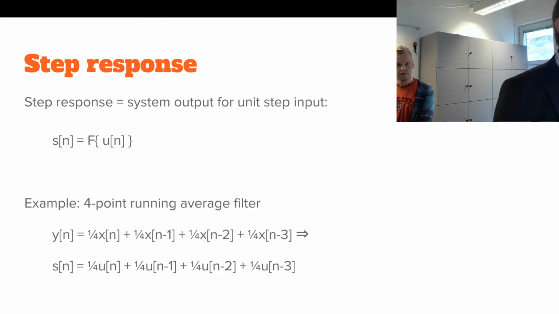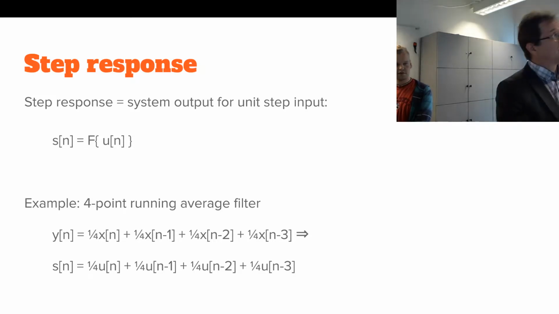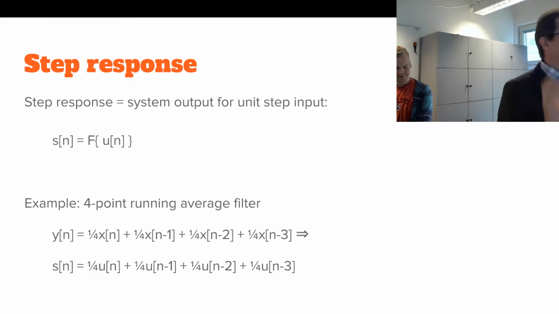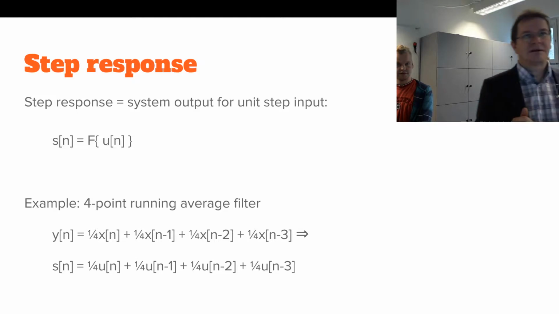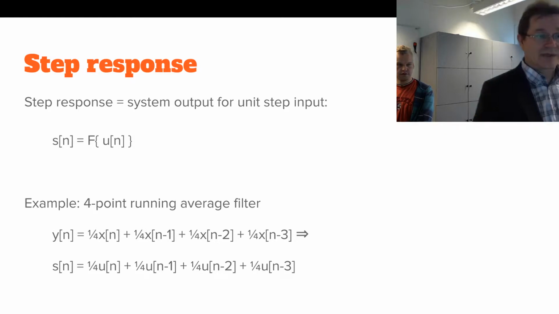For example, the amplitude response: you take the impulse response, do the Z transform, and that's directly your transfer function. When you evaluate the transfer function at the unit circle, you get the amplitude and phase response. With the step response, you need to do some more calculus in order to do that.